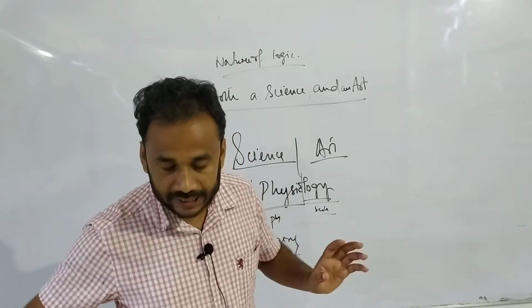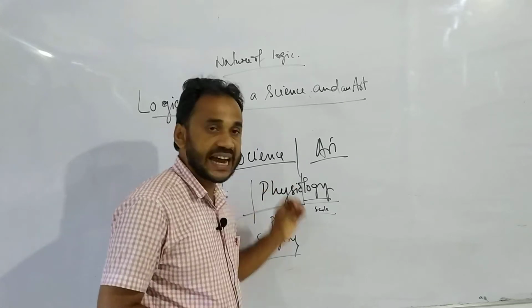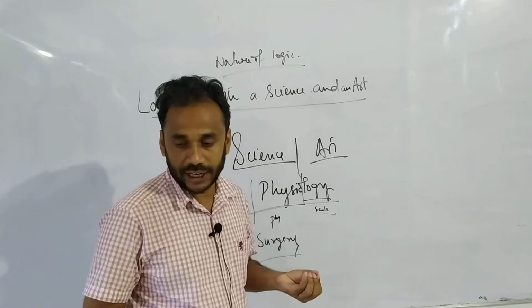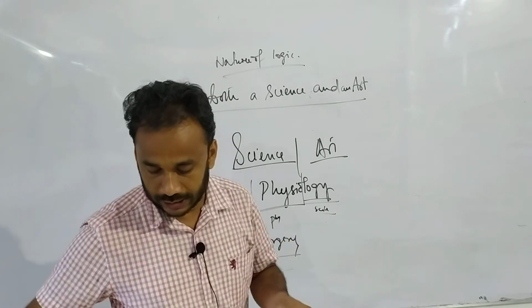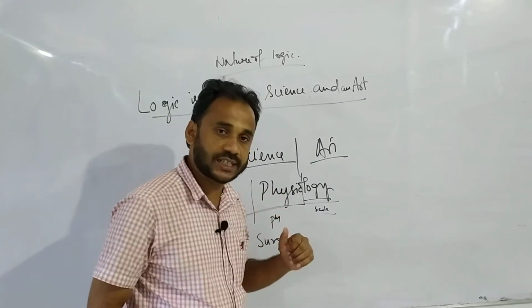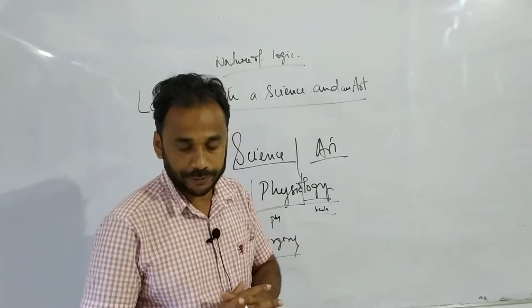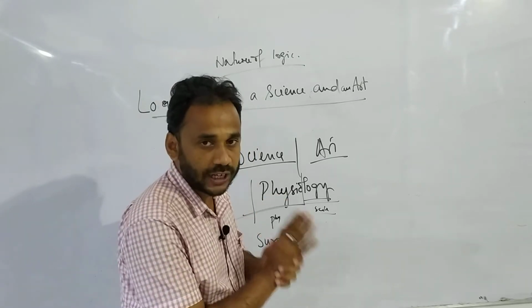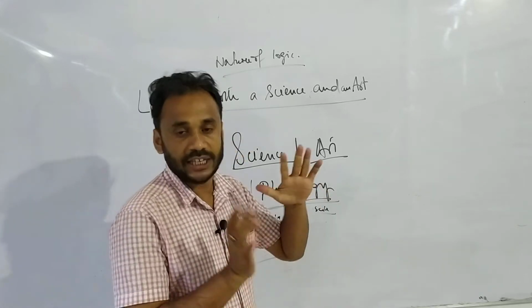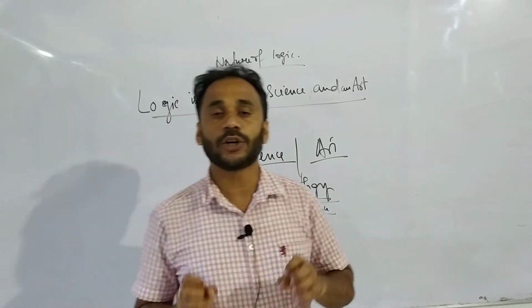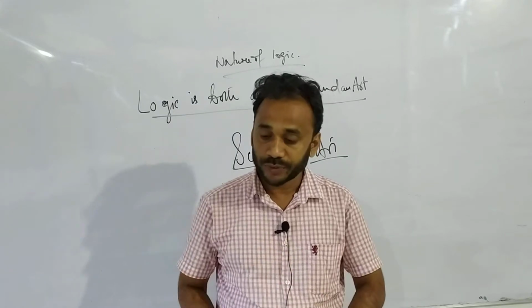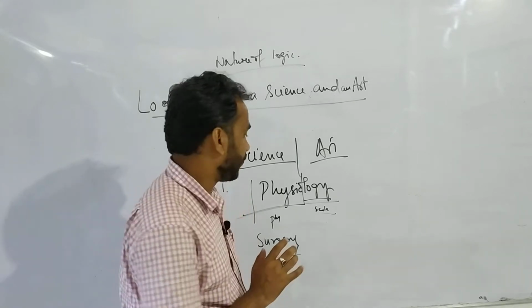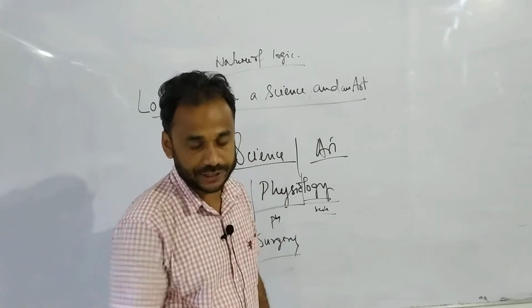So physiology and surgery are an example of the difference between science and art.